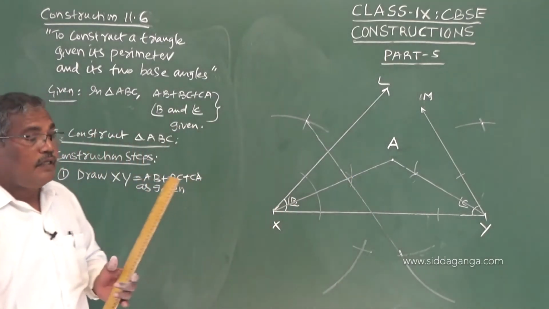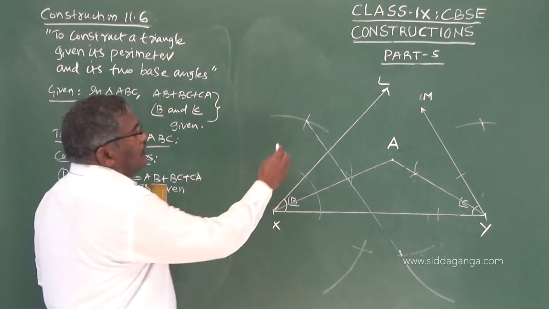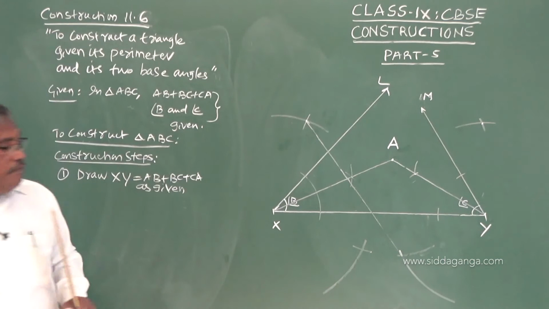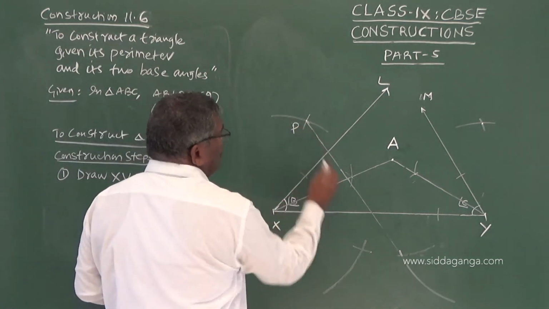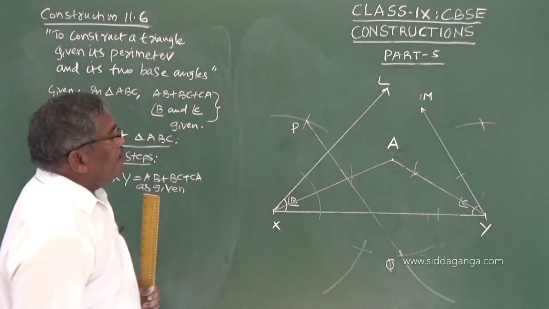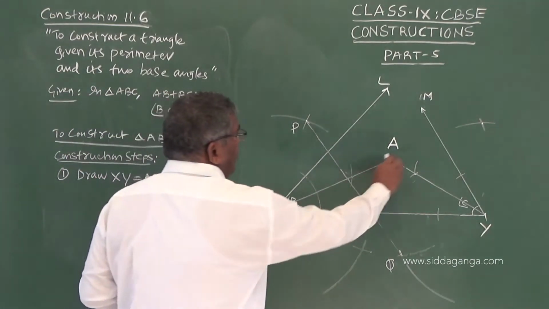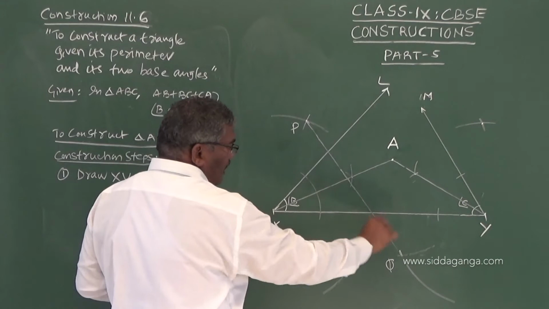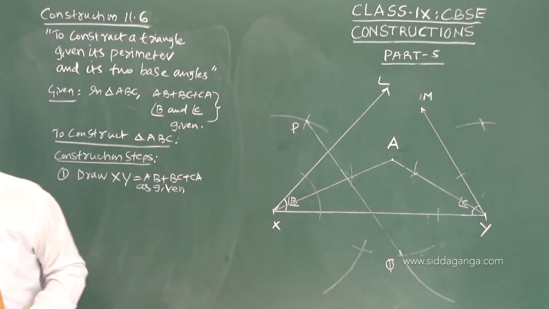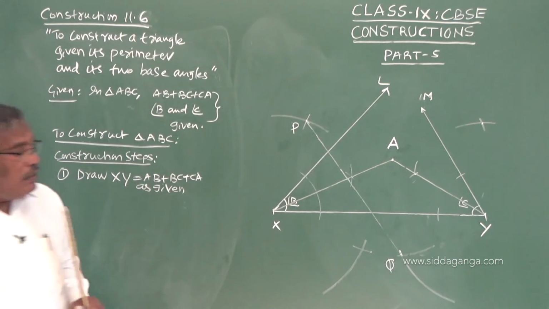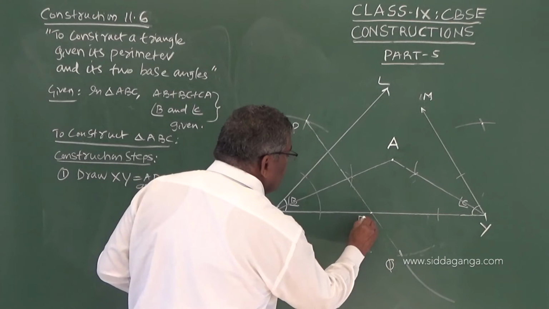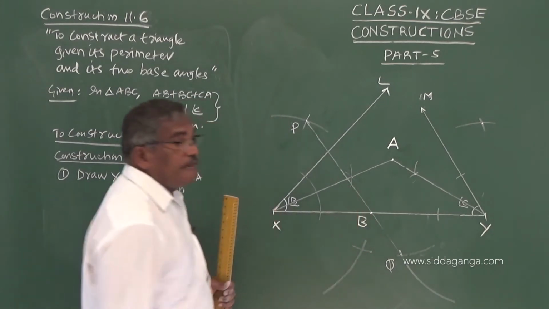Now observe here, you will call this PQ, let us say, perpendicular bisector PQ. PQ is the bisector of AX. This line is intersecting XY at some point. You call this as point B.